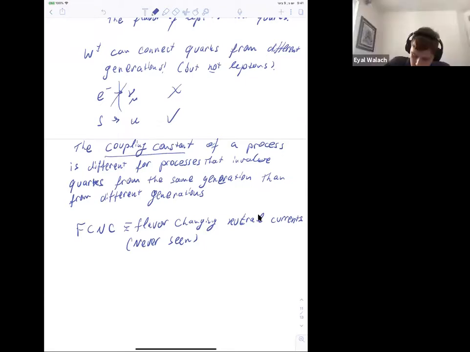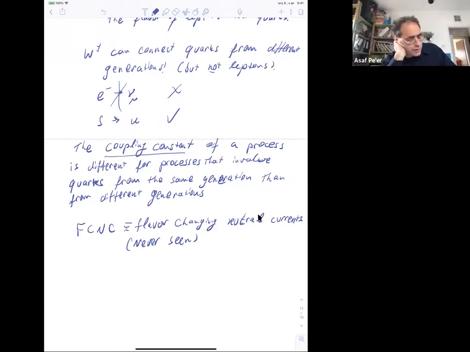So how do we describe that? Well, the easiest is to start with the first two generations. We'll include the third one in a few minutes.